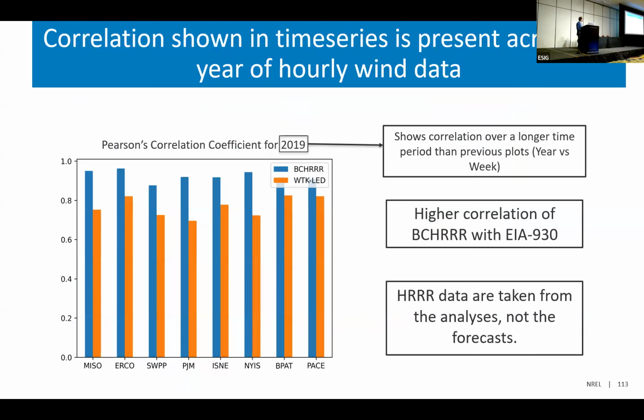That said, the other thing that we've looked at is the correlation. This is using the Pearson's correlation coefficient for a year of data across some of those system operators, like MISO and ERCOT and SPP, that have gigawatts of wind generation at this point. We do see that both the Wind Toolkit LED, in the orange, and our bias correction to the HRRR data are showing pretty high correlation with reality on an hour-by-hour basis.